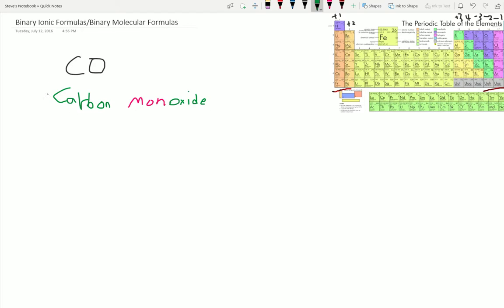As you can see here, we did not write mono carbon because it's a cation, and we did not write mono oxide because oxygen begins with a vowel.